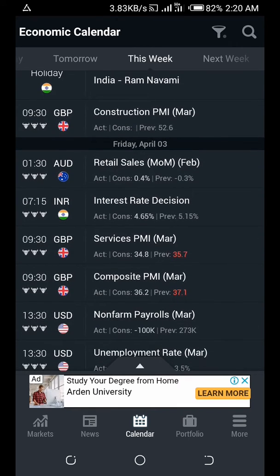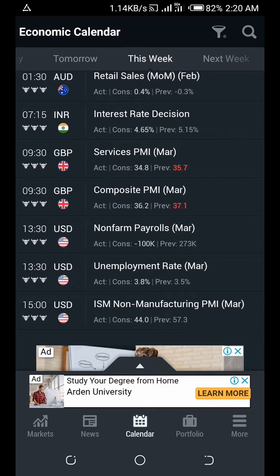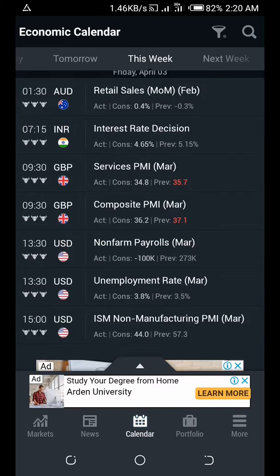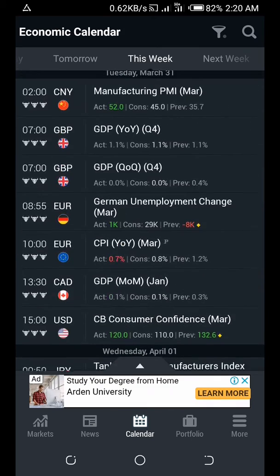Like AUD retail sales, that is a major event. Non-farm payroll, that is the percentage of employment change in the United States. Non-farm payroll is a major event. Unemployment rate is a major event. So these are the major events we have this week.